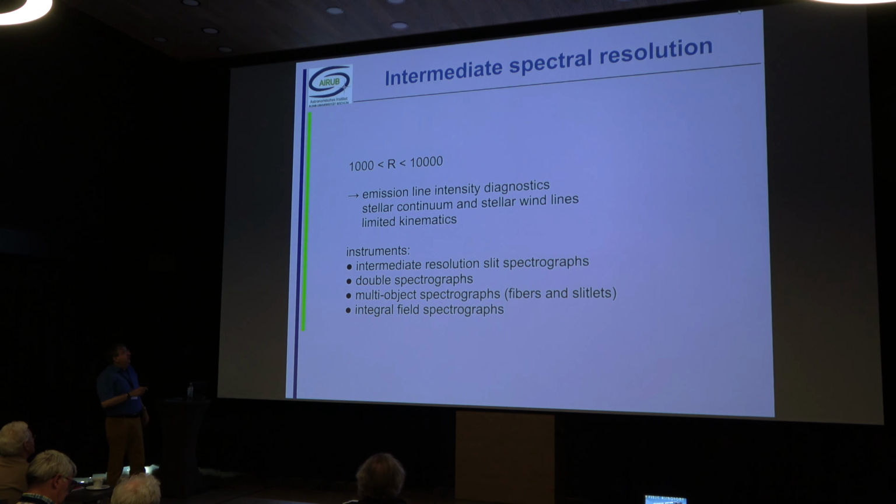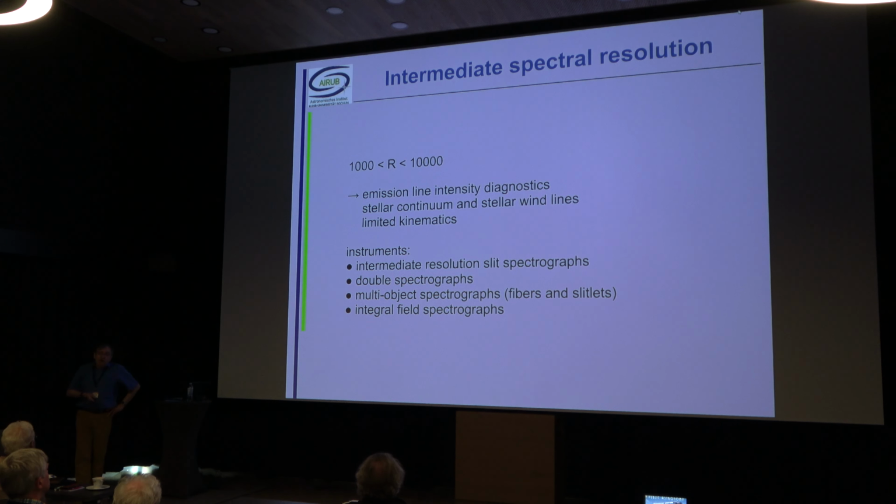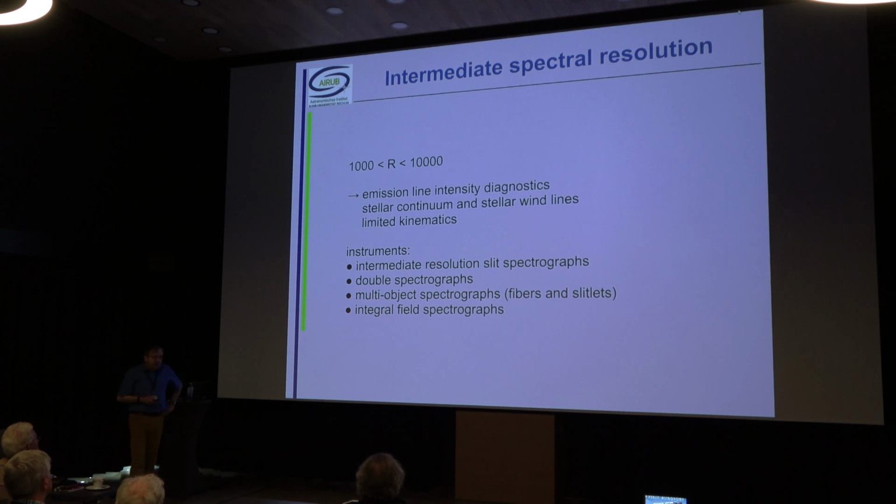You have easily stellar wind lines. You have, at the higher end there, also photospheric lines. You get also limited kinematics. So what you have is a long list of, that is the workhorse spectrographs which we currently have at probably any size of telescopes, up to the 8-10 meter class telescopes.